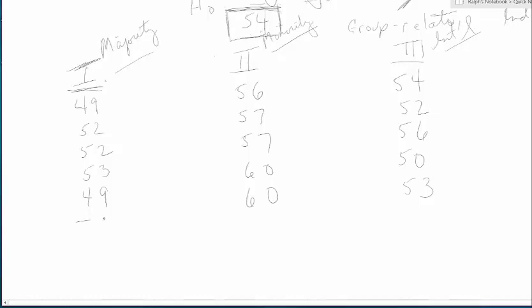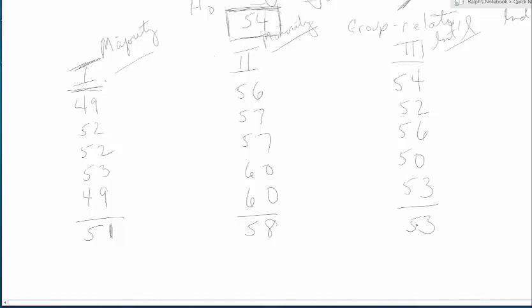Now let's take the group-related means. So if we calculate the means for this first category of group member, the average is a 51. If we take the average of this second group, the minority group, the average is a 58. And if we take the average of this third group, the international group, the average is a 53.